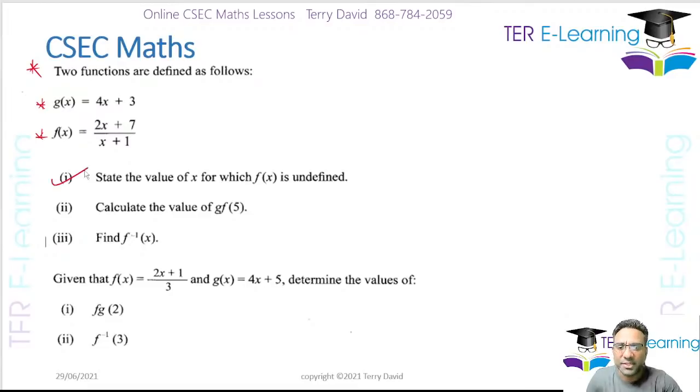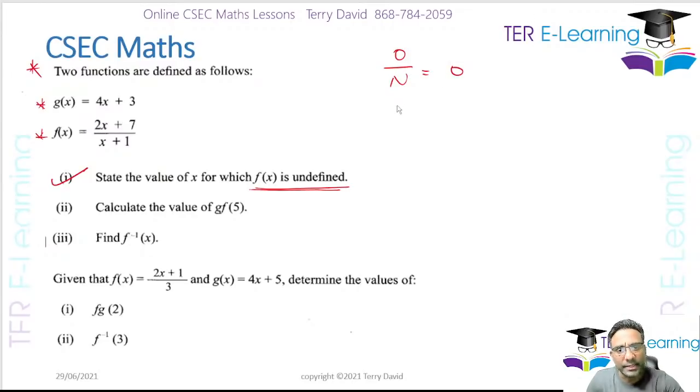And the first part, they said state the value of x for which f of x is undefined. Now, in order to answer this question, there's something that you all need to know. If I have 0 divided by any number, I'm going to get 0.